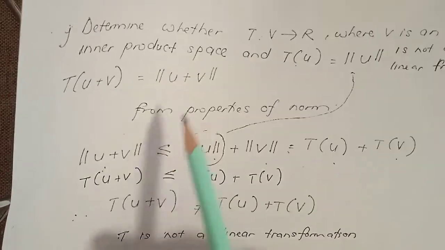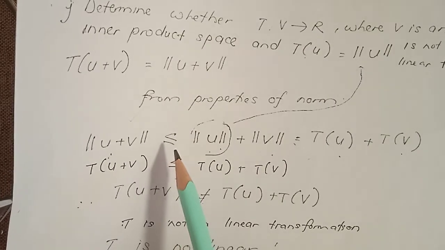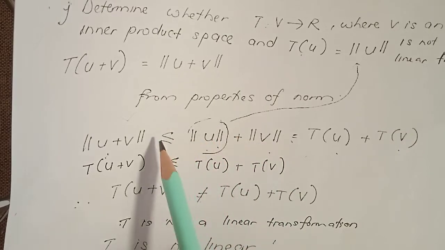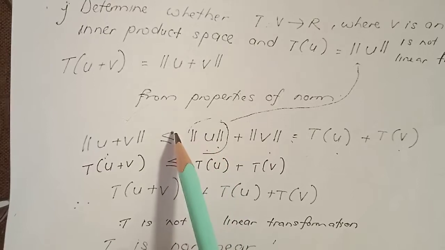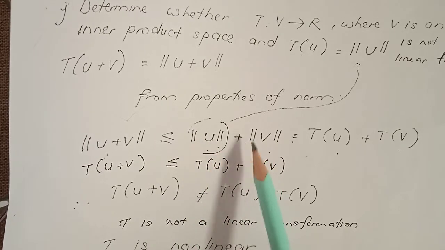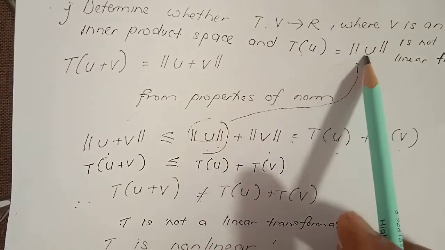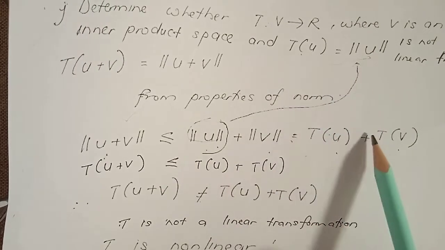Okay, from here we know that the norm of u plus v is less than or equal to the norm of u plus the norm of v. This was stated earlier in our notes, from the properties of norm. So the norm of u is T of u, and the norm of v is T of v.